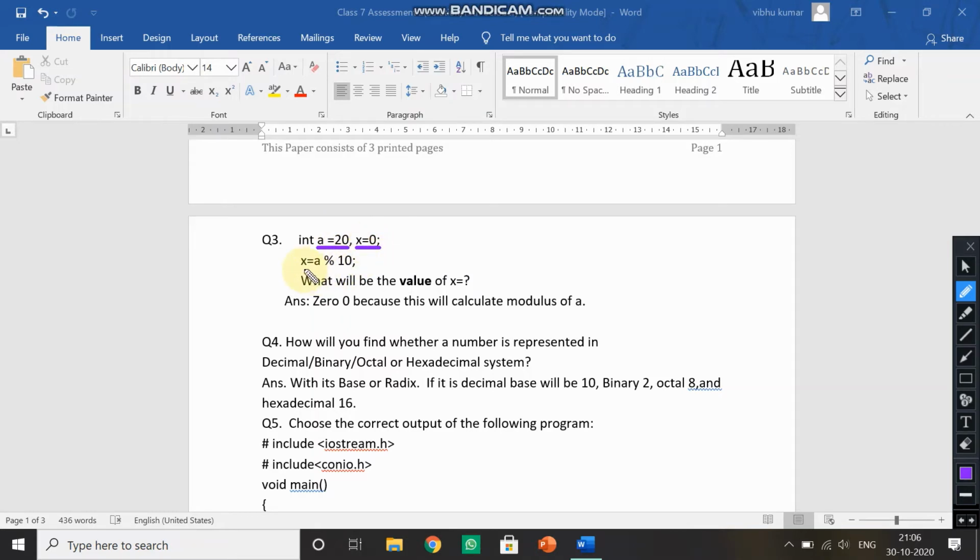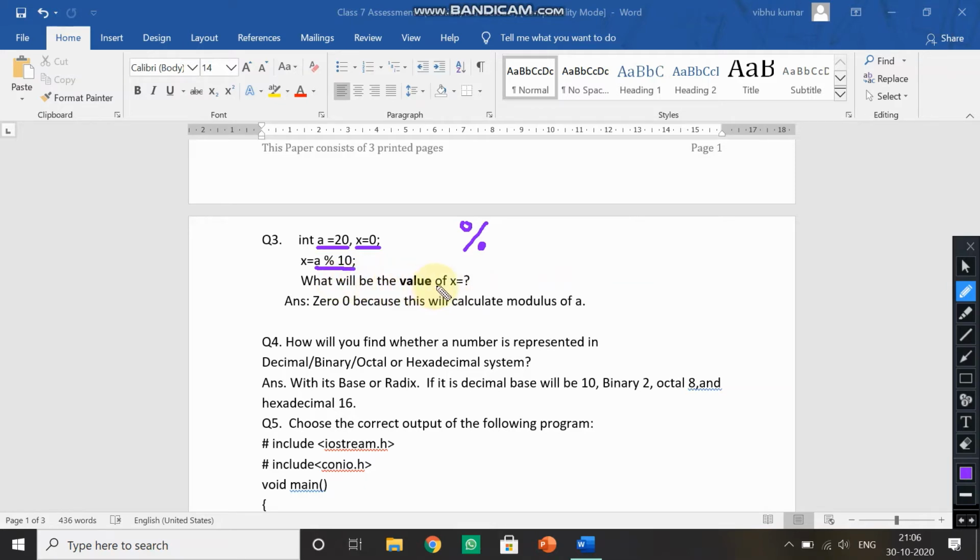And when you see the formula, it says x is equal to a modulus 10. It is very clear that modulus means we are calculating the remainder of the number.